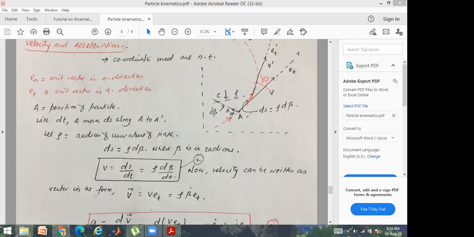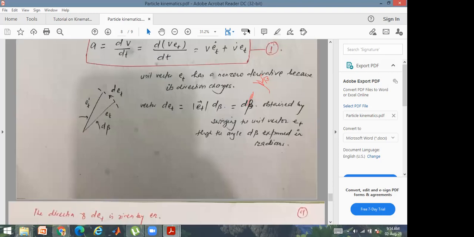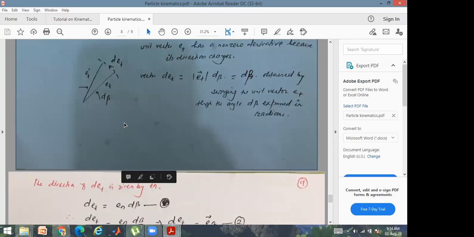So in that particular case तिमीले के हेर्छौ भन्दाखेरिमा this is our et and this is our et prime. So एउटा ट्रायंगल फर्म भइरहेको छ है, et र et prime भएको ट्रायंगल, and this length is changing, det. त्यही भएर यो et, this is our et prime and this is dβ and this is our det है, यो कुरा हामीले बुझ्नु पर्छ. So the direction of det is given by en.